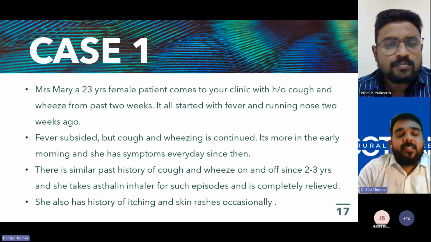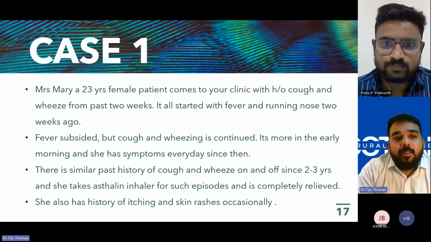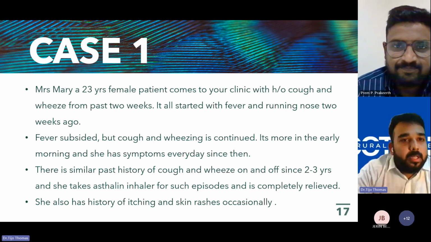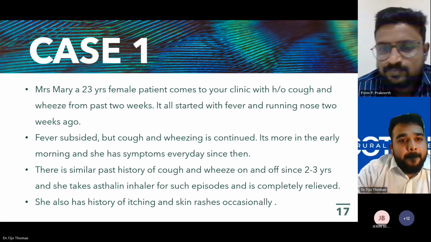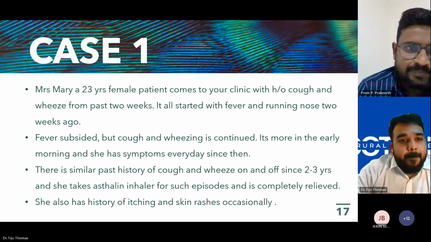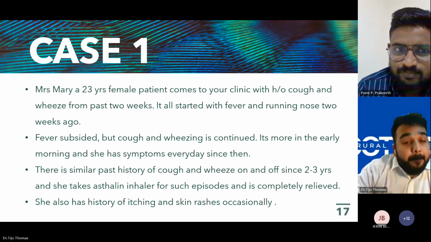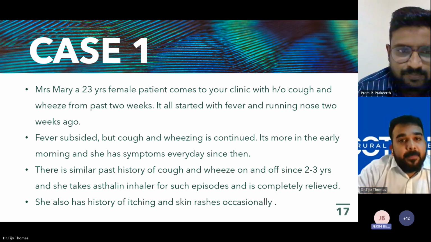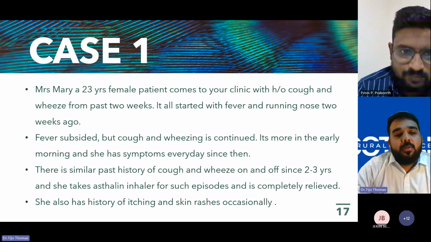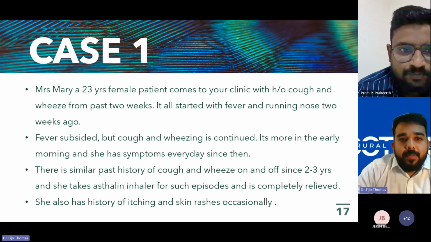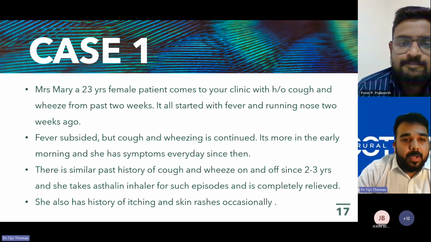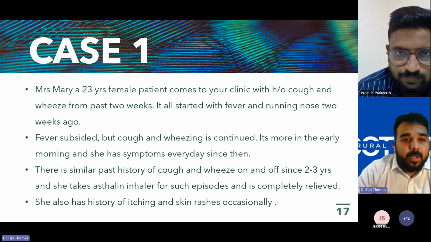So, as you can see, the history is clearly indicating something. From what you read, what do you think, Jaren, this is? Pulmonary cause. Yeah, so we can see the patient is having wheeze, and has a similar past history, and she's taking an inhaler.